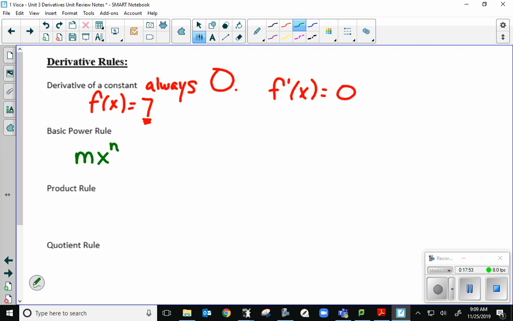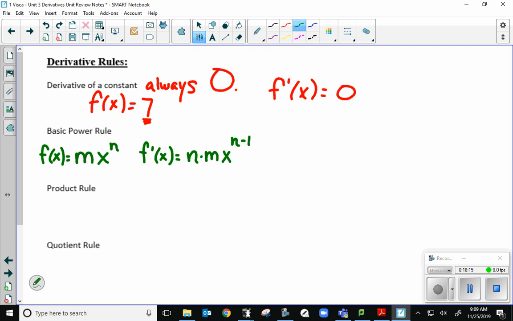If this is f of x, then f prime of x tells me I take my n and bring it out front and multiply it times m. My x remains the same. And then whenever n was up here, I simply subtract 1 from it.